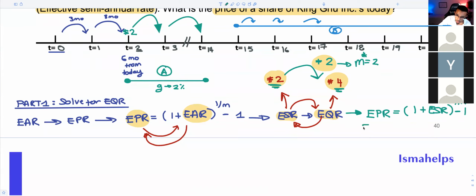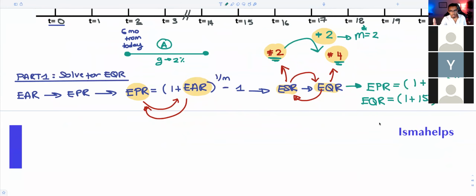In this case, the effective quarterly rate would be equal to 1 plus 15% to the power of 1 over 2, minus 1. It would give you something like this.